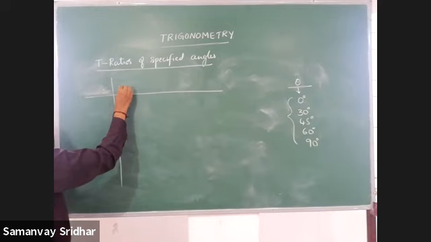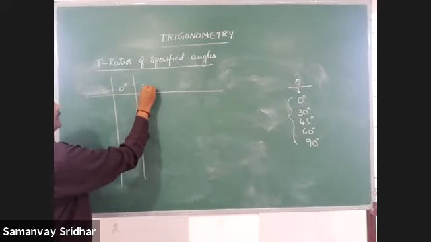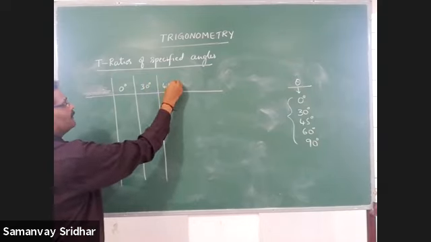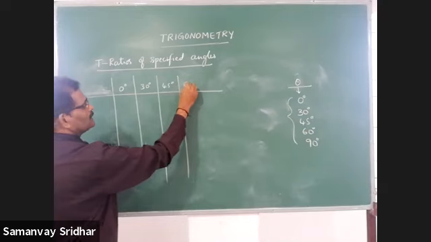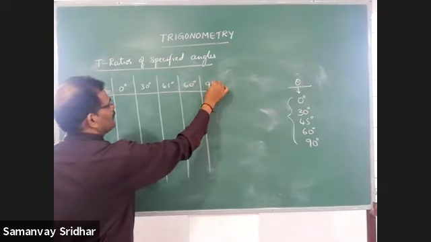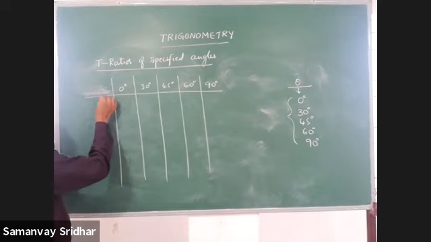So one column is for 0 degree, next for 30 degree, next for 45 degree, next for 60 degree, and 90 degree. These five are called the specified angles here. With respect to them, we have to find the T ratios. These are the values of theta.